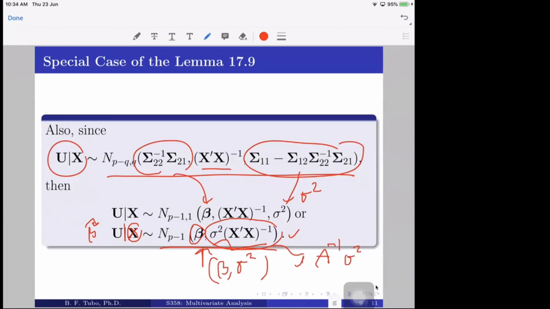Or sigma squared inverse. There is a factor of variability.